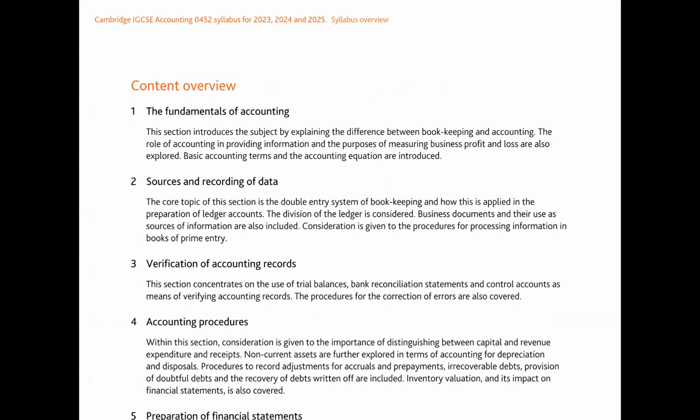This section will introduce the subject by explaining the difference between bookkeeping and accounting, the role of accounting in providing information, and the purposes of measuring business profit and loss. The basic accounting terms and accounting equations are introduced right in this unit. That's the first thing that we have to learn.